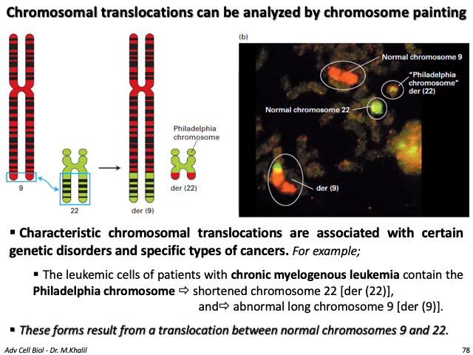And you can see under the microscope, the fluorescence shows the normal chromosome and abnormal chromosome. The normal chromosome 9 takes the orange color, while the normal chromosome 22 takes the green color. In case there is translocation, you can see a mix between the green color and orange color. These forms result from a translocation between chromosome 9 and 22, as I said.